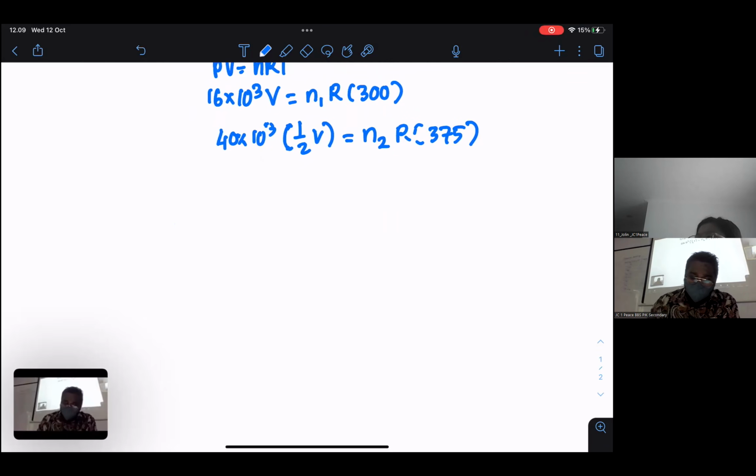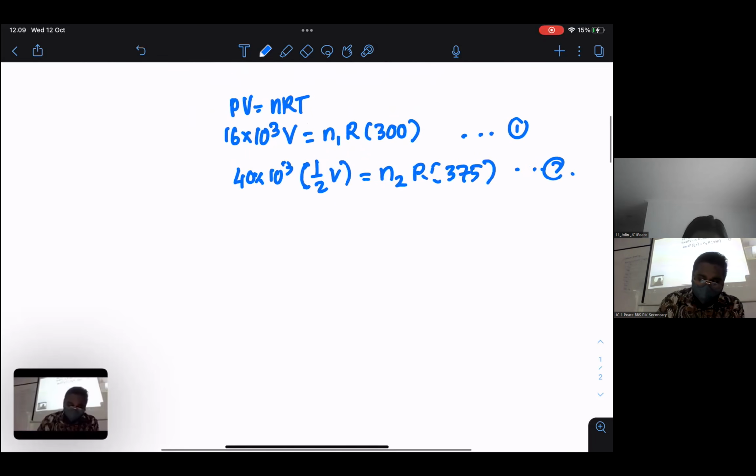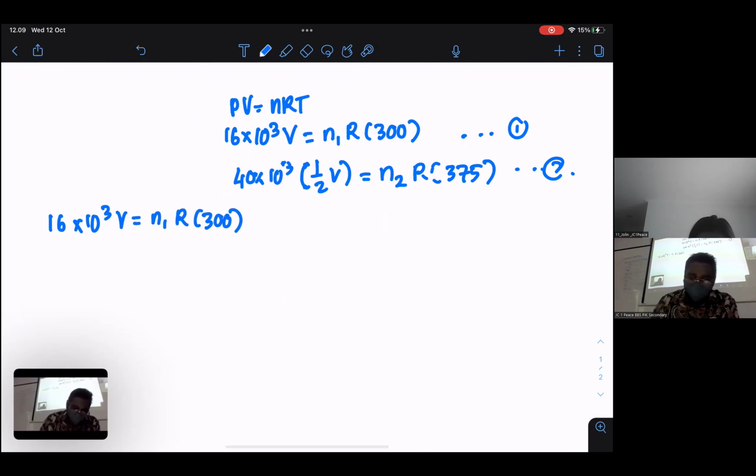If I just use these two equations, equation 1 and equation 2, and further simplify: 16 times 10 to the power of 3, V equals n1 R 300. This one divided by 2 is going to be 20 times 10 to the power of 3, V equals n2 R 375.